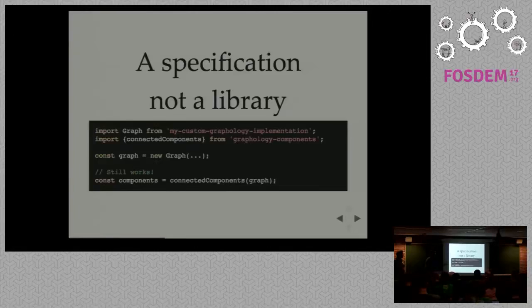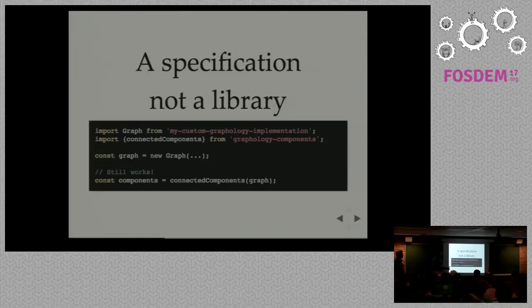So with a specification, anybody can implement the specification however it fits, and they will use their implementation, but they will still have the benefit of the standard library and be able to use all the ecosystem of libraries which use this specification without having to rewrite them again and again. So for instance, here you've got an example.